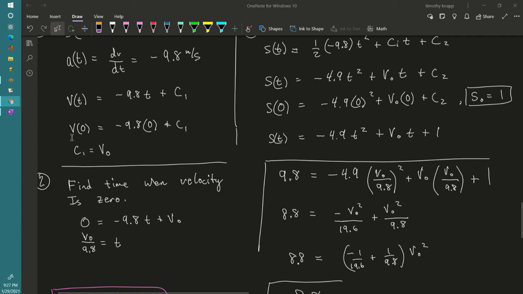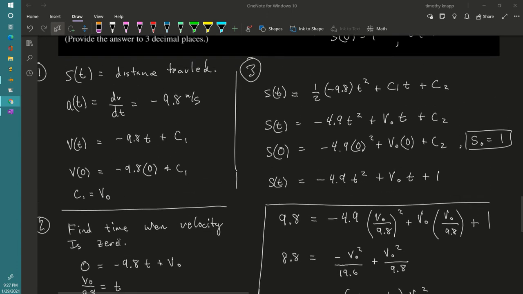So if I take this velocity formula and make the velocity equal to 0, and ask the equation to give me a time, then I solve for time. I'm going to subtract v0 and divide by negative 9.8. And so my time at which the velocity is 0 is the initial velocity divided by 9.8. I unfortunately don't know that time right now, but that's okay. I'm going to keep it in mind.